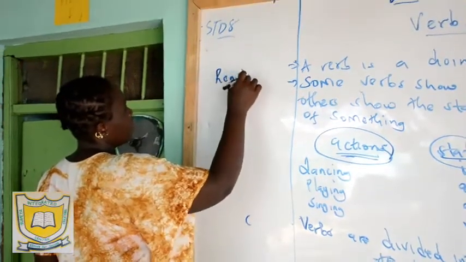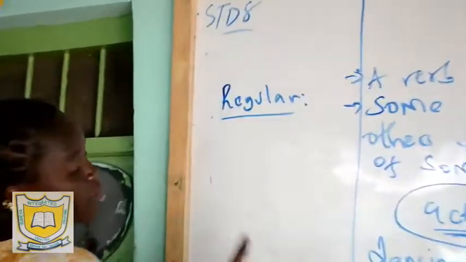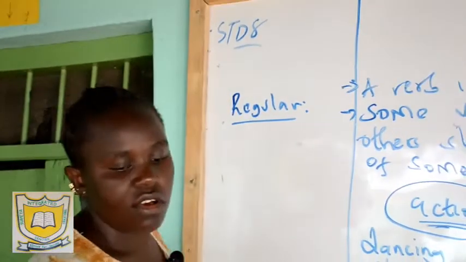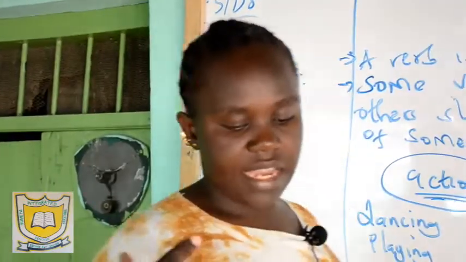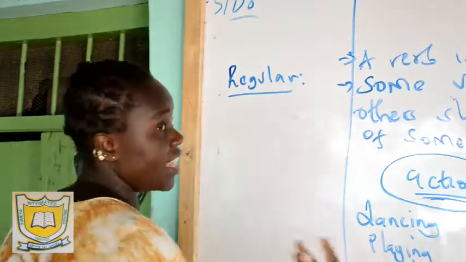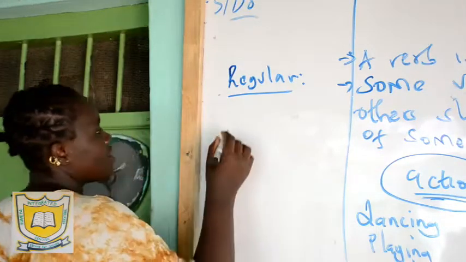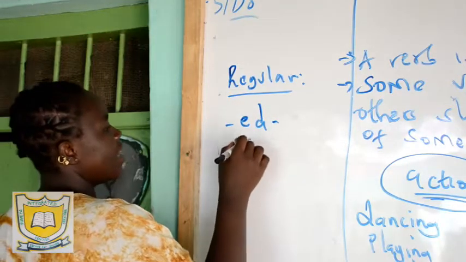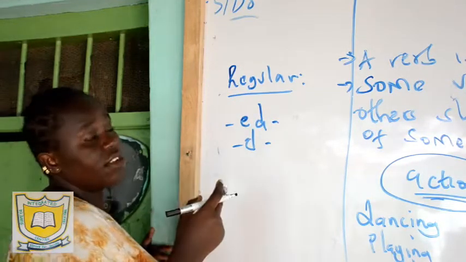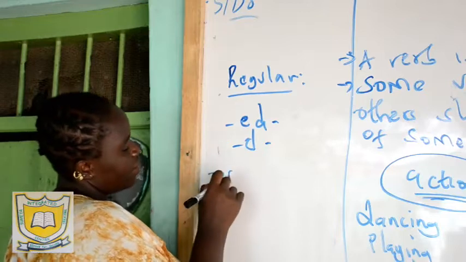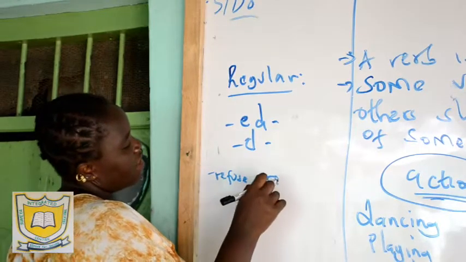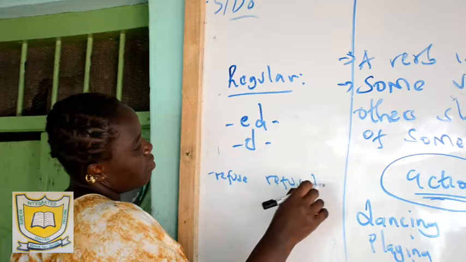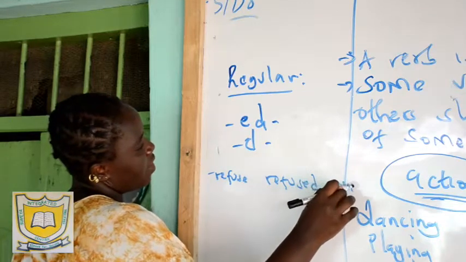What is a regular verb? A regular verb forms its past tense or its past participle by adding an ed or a d. Now, present tense you have refuse, past tense you have refused, and then past participle you also have refused.